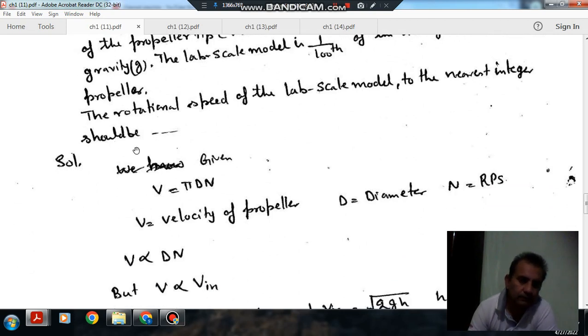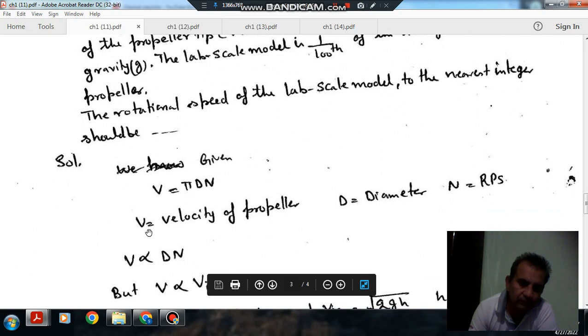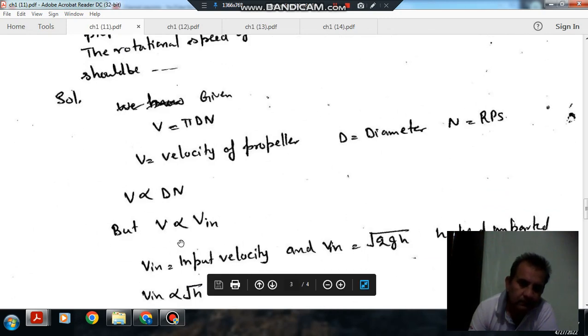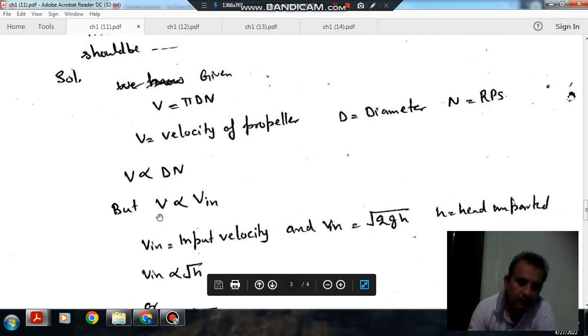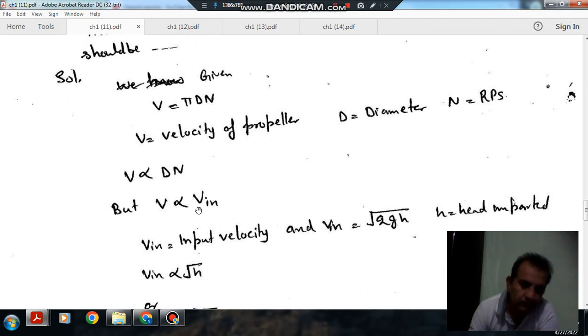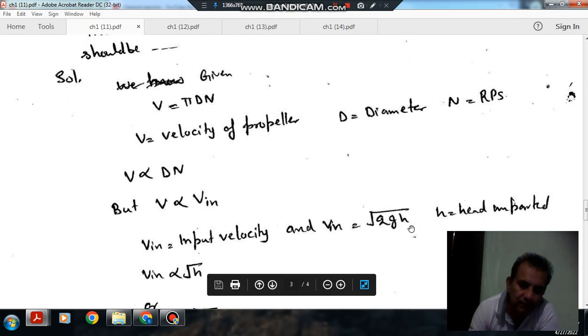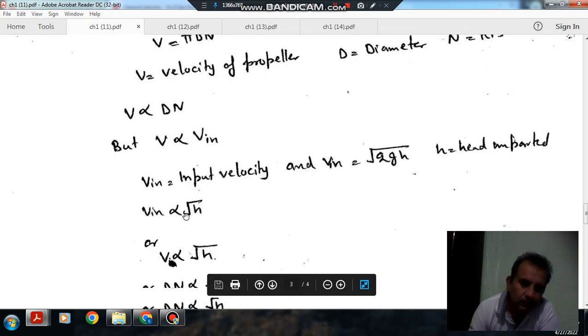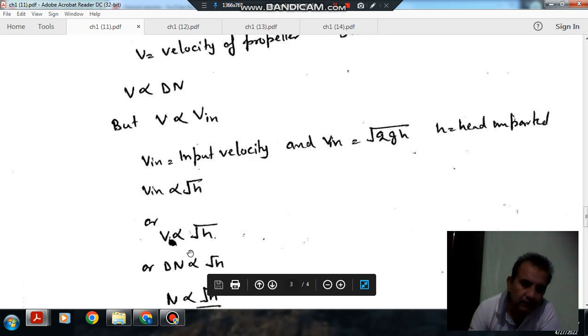Given that V is equal to pi N D, it means V is directly proportional to diameter and rpm. The speed of the propeller is also proportional to velocity, and velocity is directly proportional to root of h. So V is directly proportional to root h, and V is directly proportional to D N also.